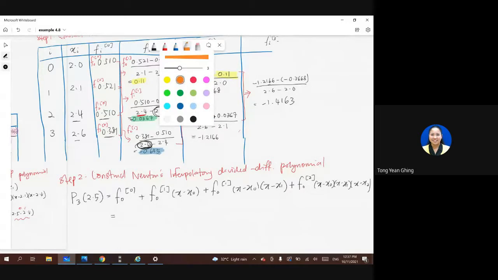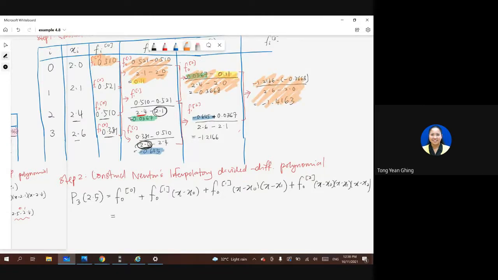So we substitute the values: f0 at zeroth degree, f0 at first degree, f0 at second degree, and f0 at third degree.